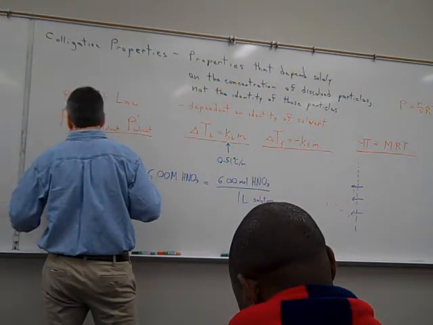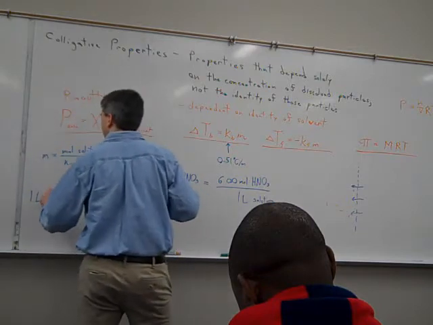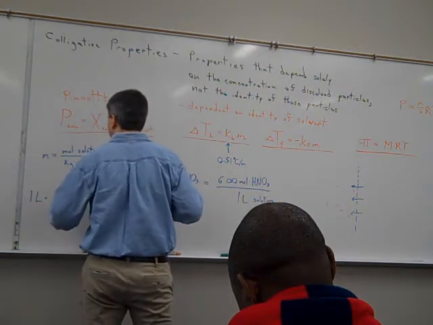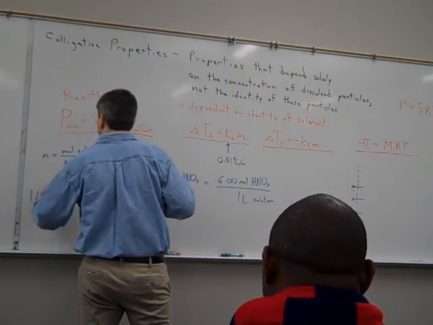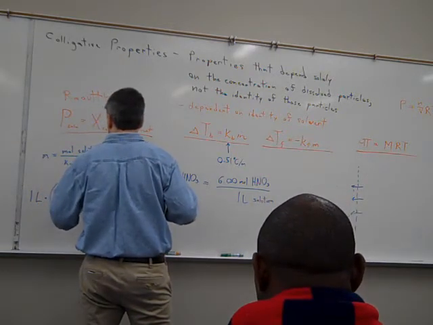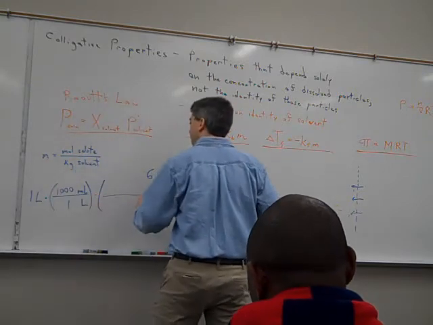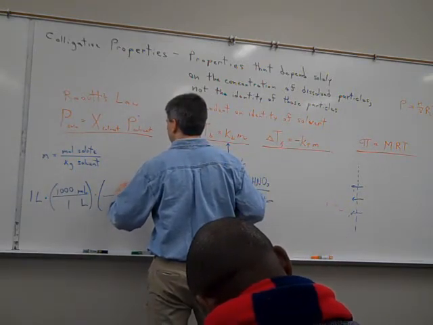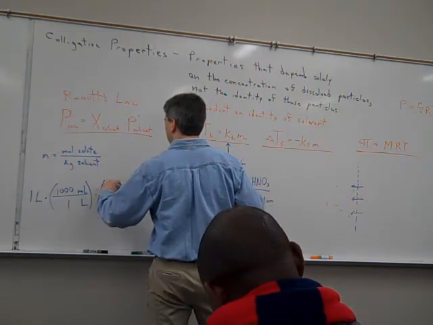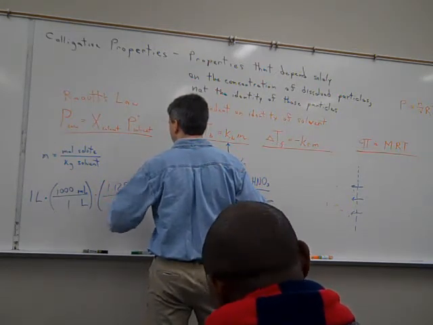The density is 1.125 grams per milliliter. Since I have liters, I'm first going to have to convert to milliliters. 1,000 milliliters, 1 liter. Next, milliliters can go on bottom, and I can convert to grams, right? 1.125 grams is equal to 1 milliliter.